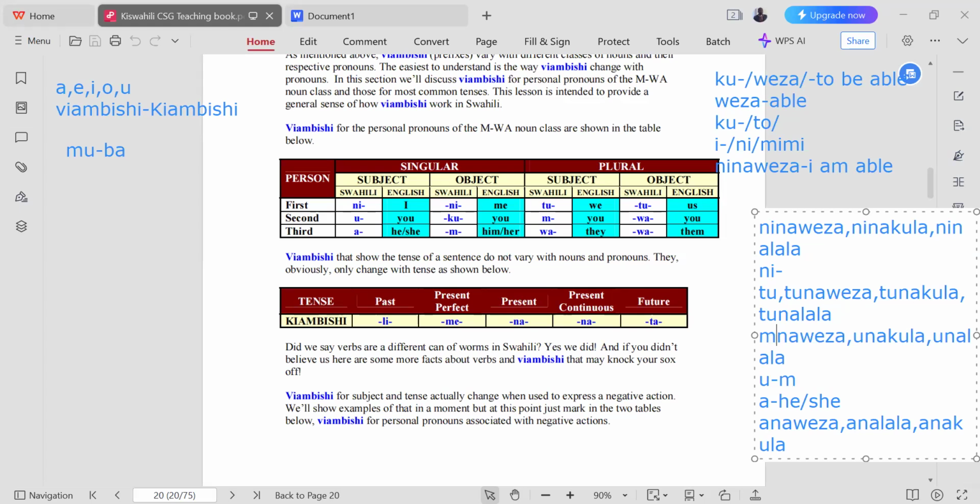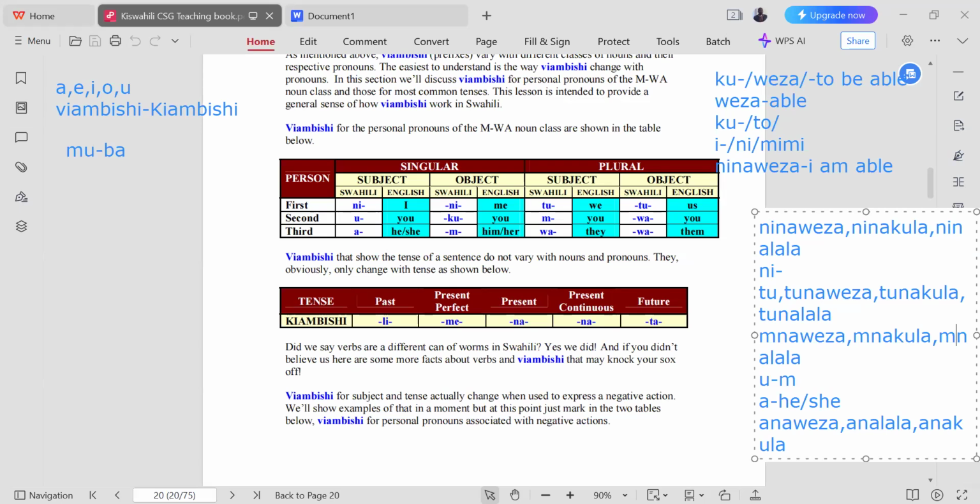So where we had unaweza, it will be mnaweza. Where there is unakula, it will be mnakula. So the m will replace the u. Where there is unalala, it will be mnalala.